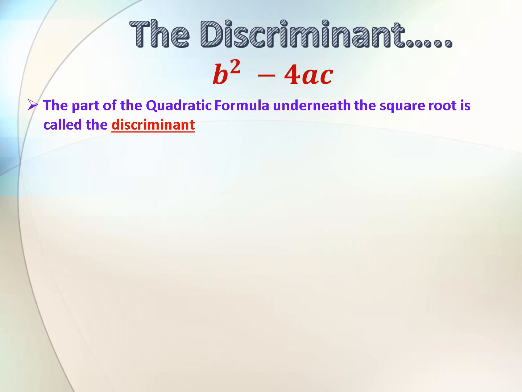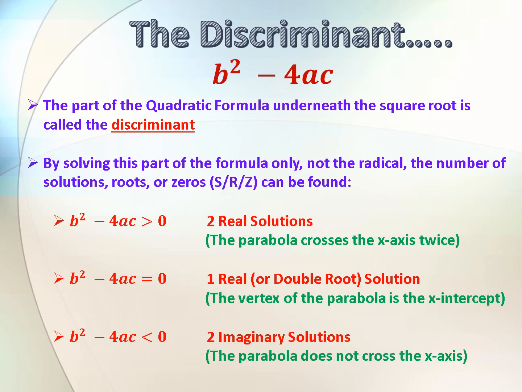Now, by calculating the discriminant only, this gives us two very key pieces of information. It tells us A, how many solutions we're going to have, and B, what type of solutions we're going to have.